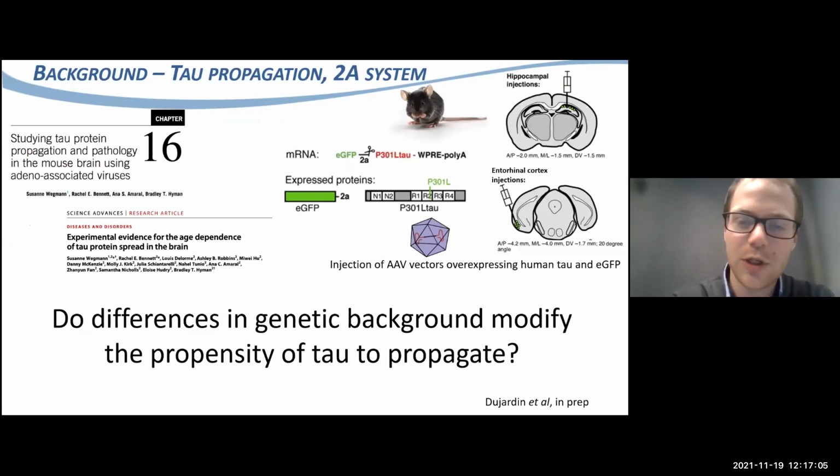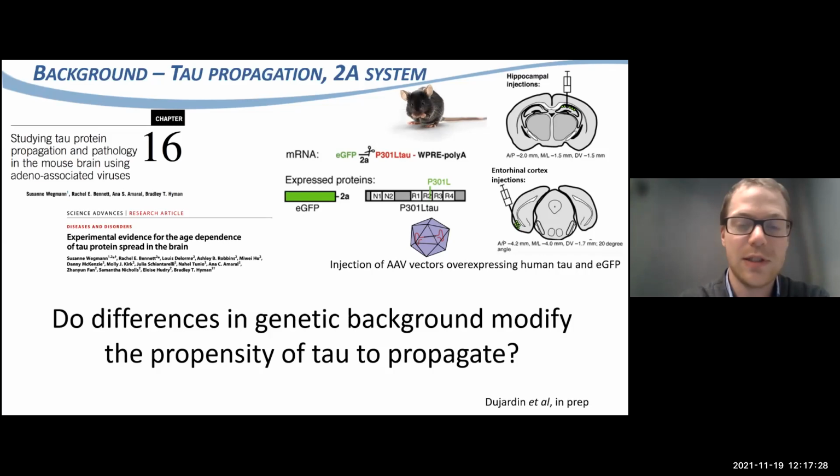So once we had demonstrated that tau was basically moving from cell to cell, the advantage of viral vectors is that you can really ask a bunch of questions. So we asked the question of different tau isoforms in another paper that I'm not going to present today.